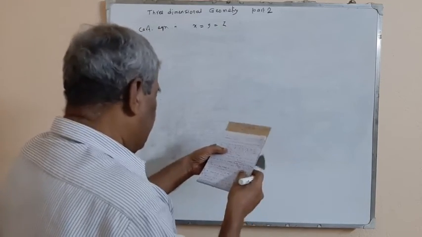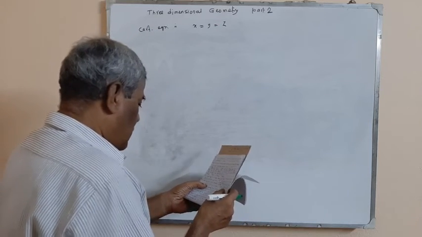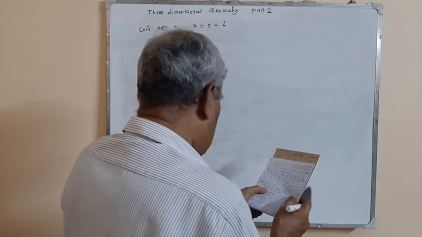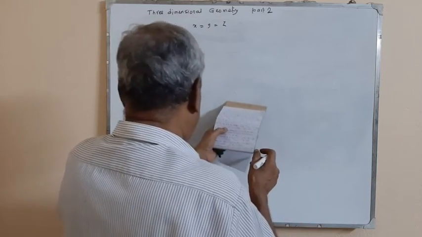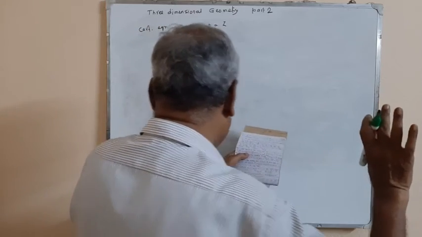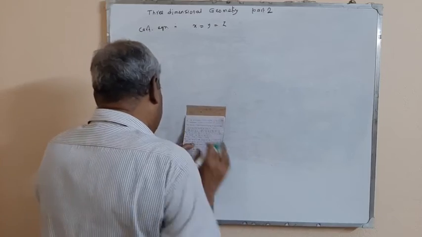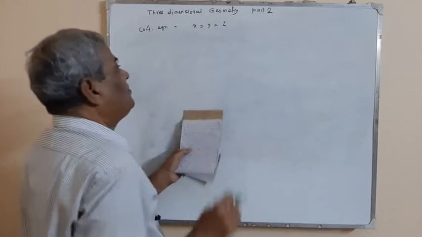We have to find its vector equation. No, just 1 minute, very sorry. We have to find the vector equation of a straight line whose Cartesian form is that.